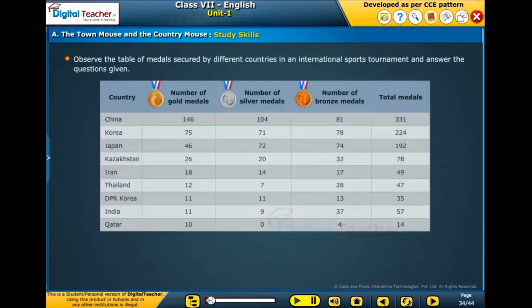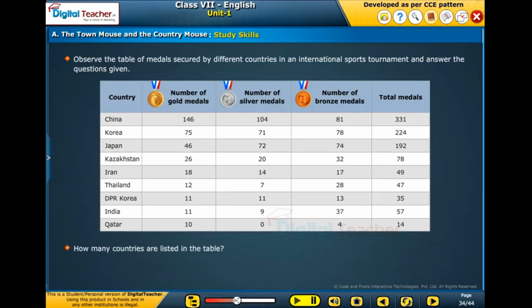Observe the table of medals secured by different countries in an international sports tournament and click the correct answers to the questions given. First two are done for you. How many countries are listed in the table? There are 9 different countries listed in the table. Which country secured the highest number of gold medals after China?